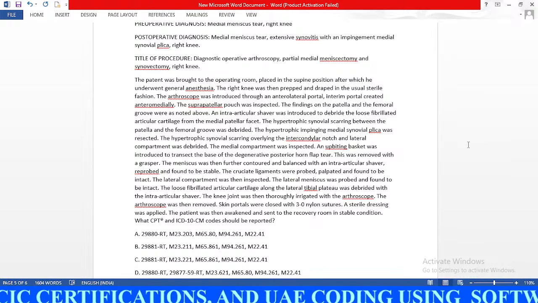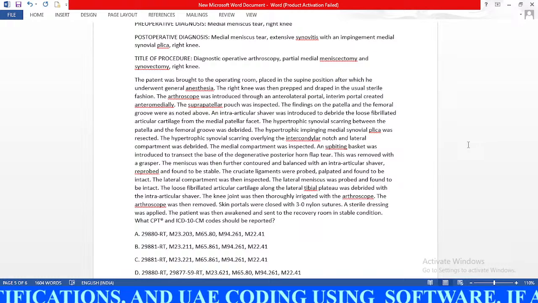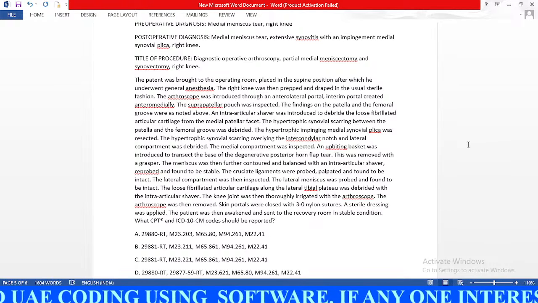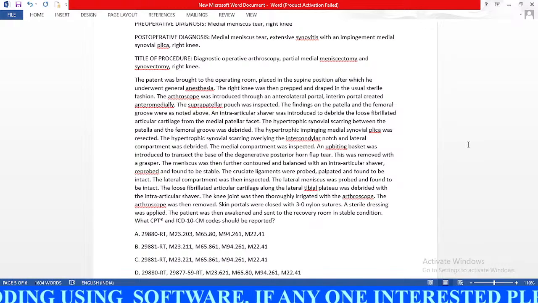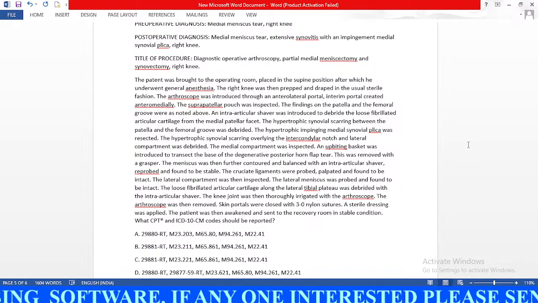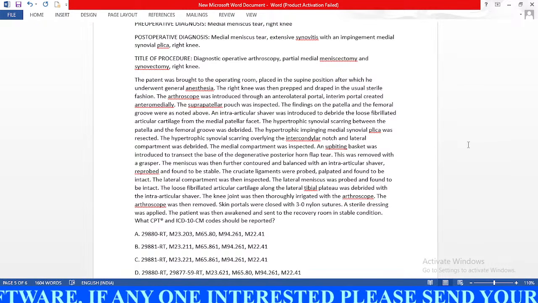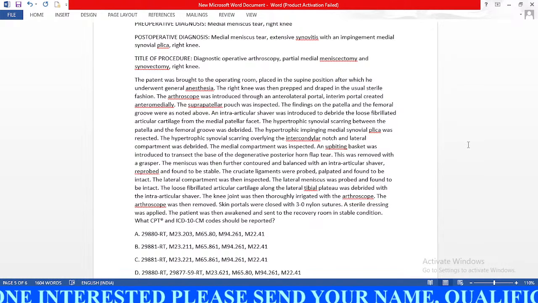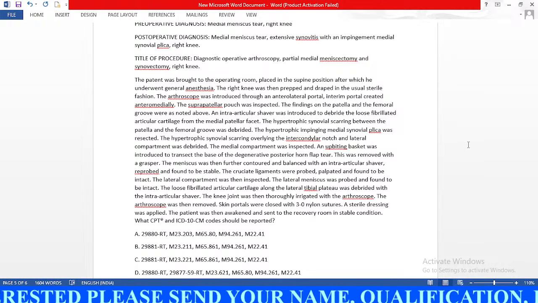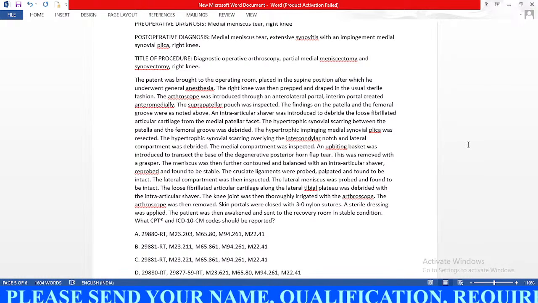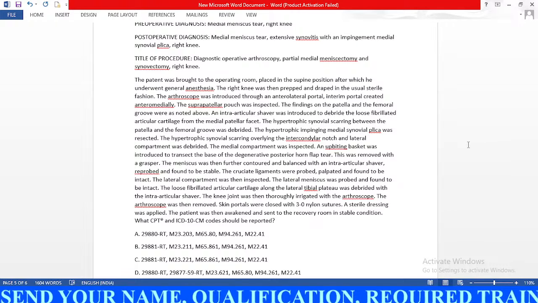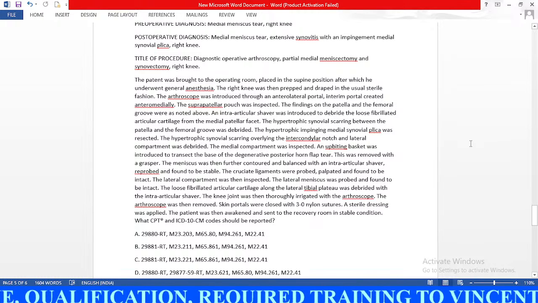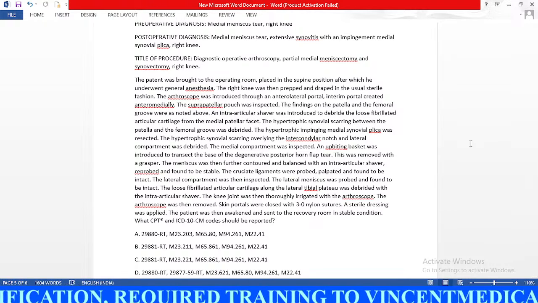So here you need to find the CPT as well as ICD. First check the CPT codes.